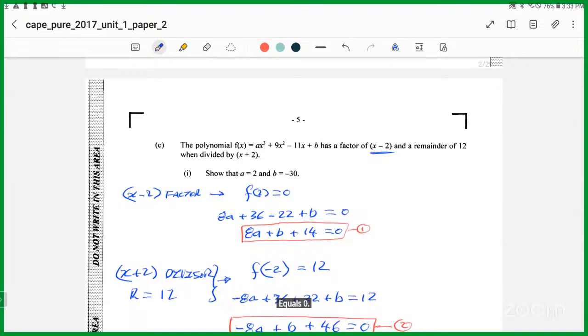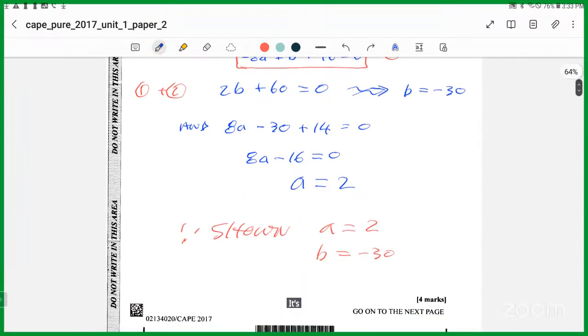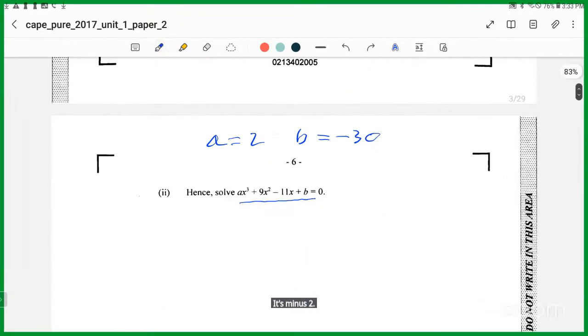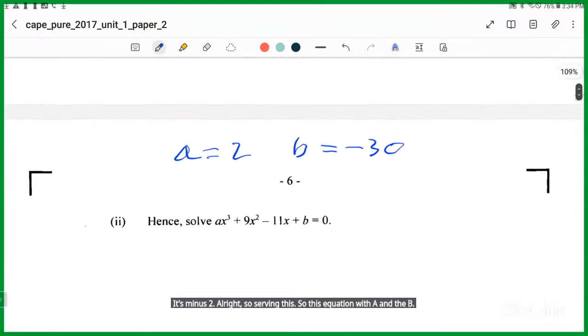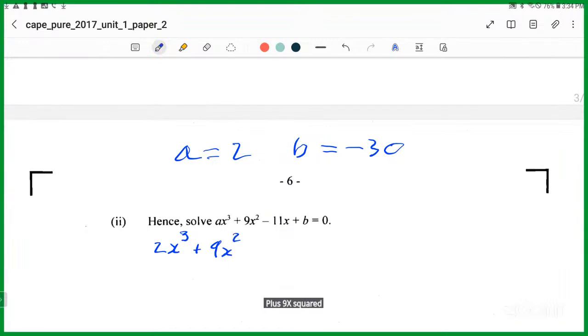We know one factor is x minus 2. So solving this equation with a equal to 2 and b equal to negative 30, it becomes 2x cubed plus 9x squared minus 11x minus 30 equals 0. Now the x minus 2 is a factor, remember?